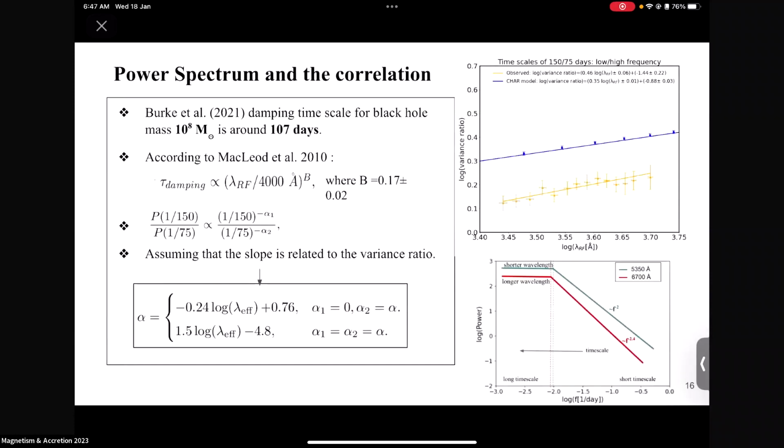We also compare the CHAR model variance ratio to the observed variance ratio, and in this case also the slope agrees. However, there is a difference in the intercept.